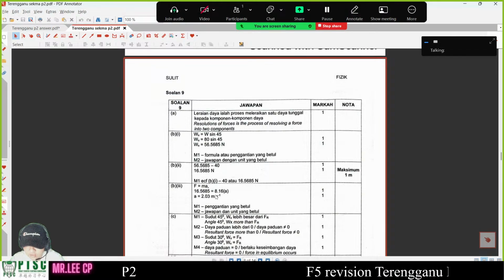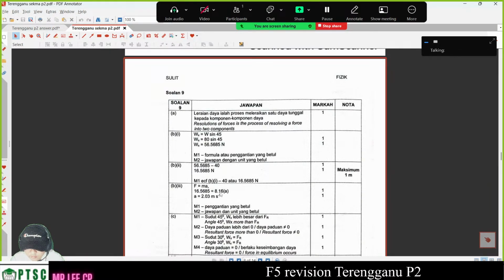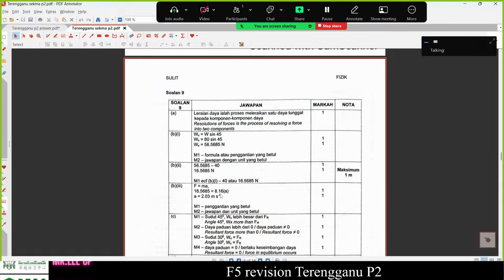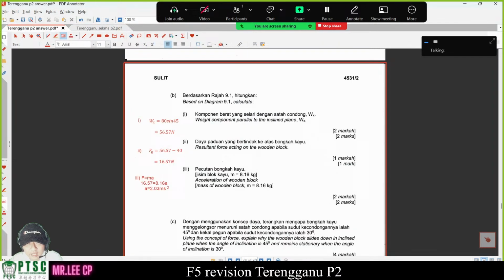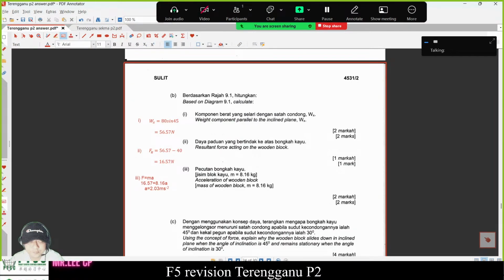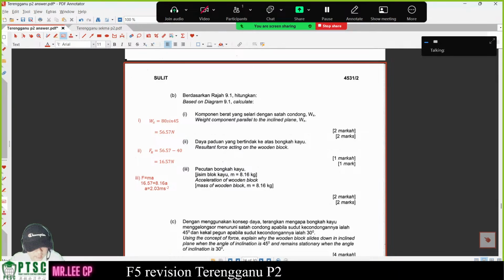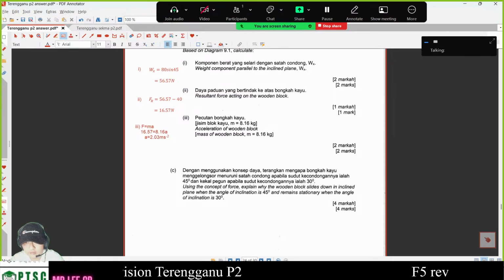So your answer, the unit is ms negative 2, not negative 1. This answer is wrong. So a is 2.03, ms negative 2. Okay? So 2 marks, what you must have is formula, substitution, and answer with correct unit. Okay?